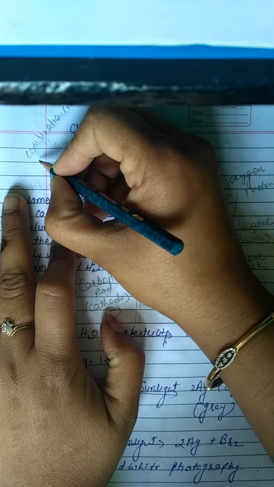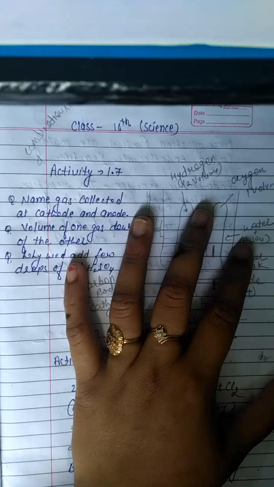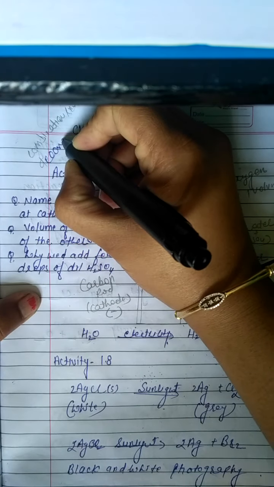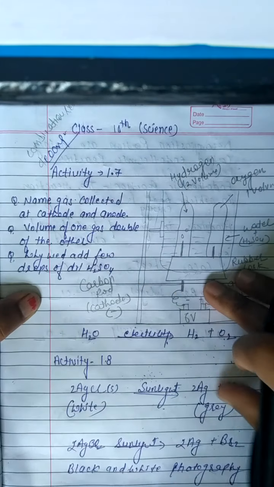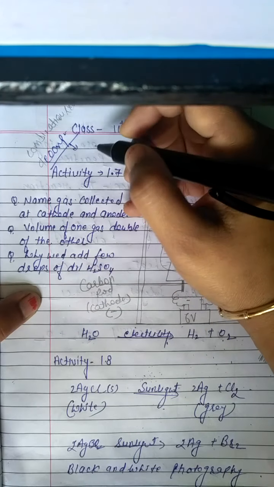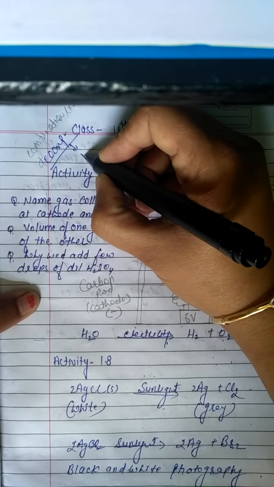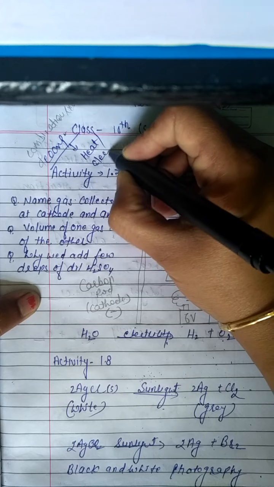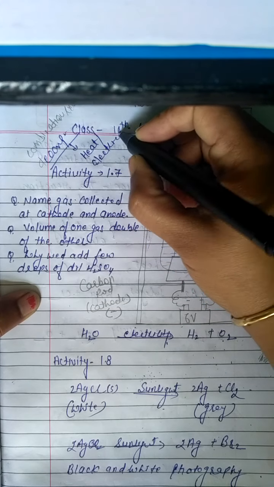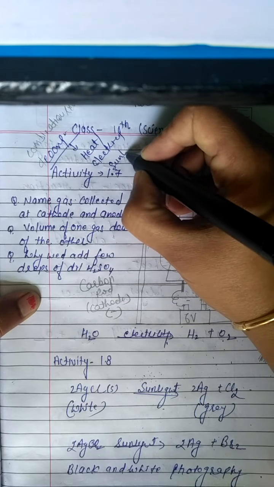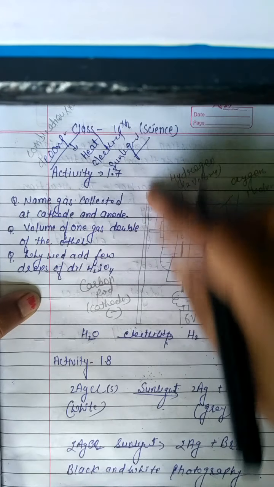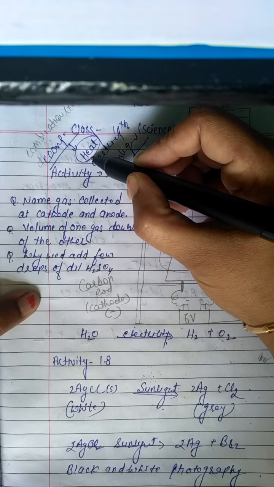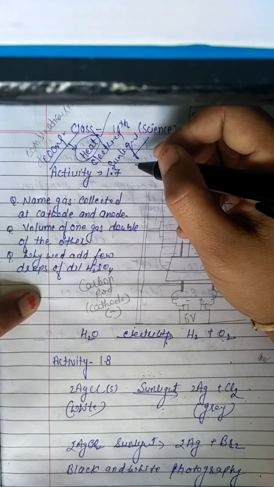Now we will discuss the decomposition reaction. A decomposition reaction takes place in three ways: in the presence of heat, electricity, and sunlight, or we can say light.